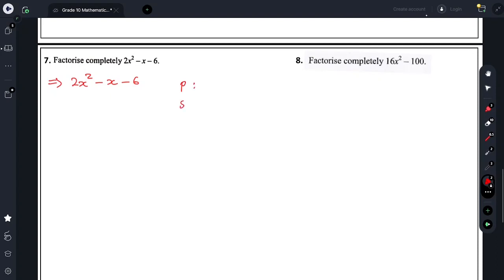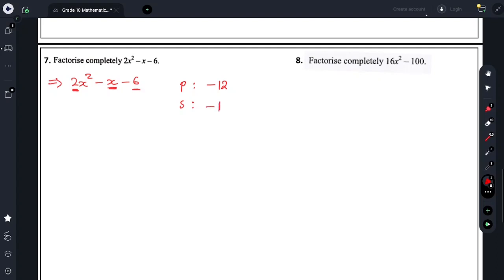So the product is the multiplication of this coefficient 2 and this final constant here. So if you multiply 2 times -6, you get -12. Okay. Then the sum is the coefficient of x here. So this x, the coefficient of it is -1.